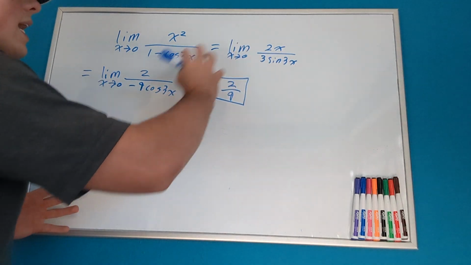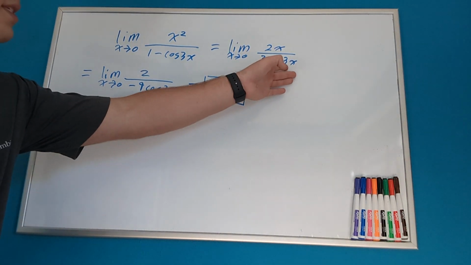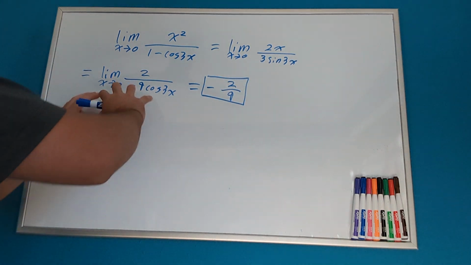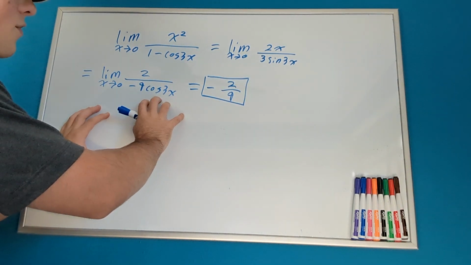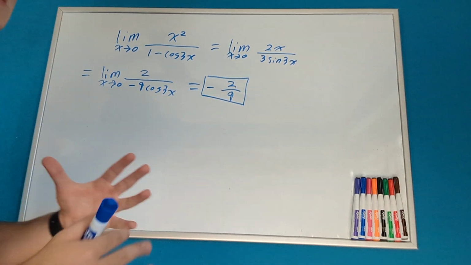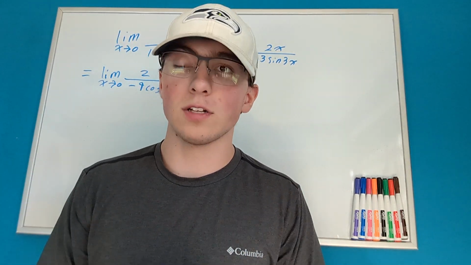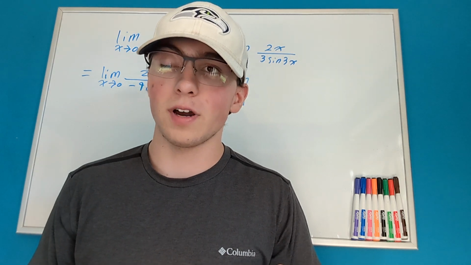But as we can see, the next time we differentiate this, we'll have cosine of 3x rather than sine of 3x, which when it approaches 0, is in fact 1, not 0. So we could see there is some light at the end of the tunnel, and that's the kind of stuff you have to be vigilant for.